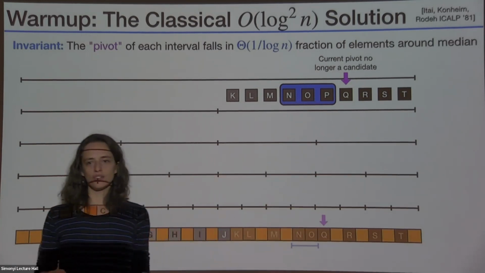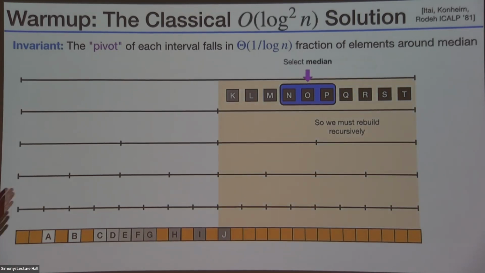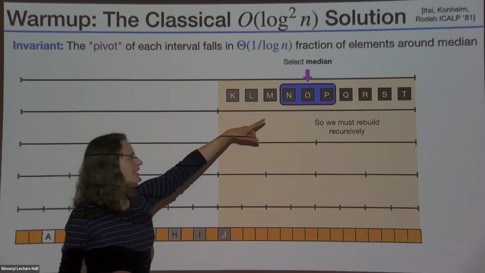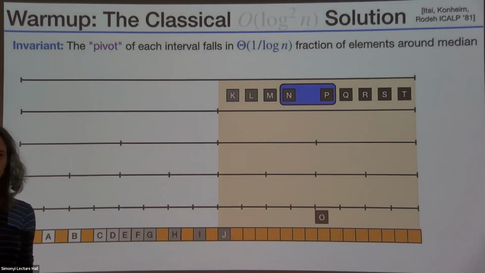And so then we need to do this rebuilding, where we recursively rebuild this thing, which is the same thing that we did before in the other description of the algorithm. The point is that we're now going to recursively select the median as the pivot in order to basically spread everything out evenly.